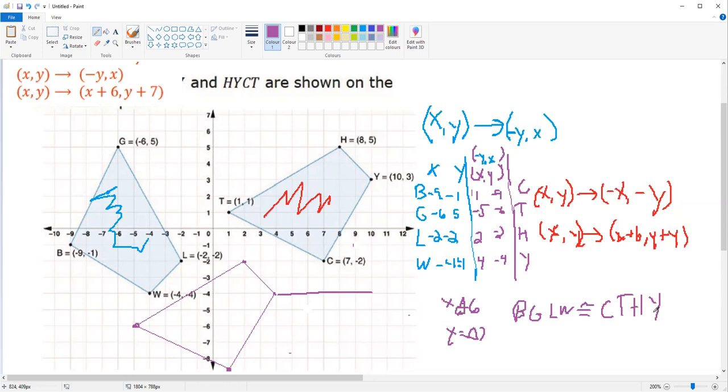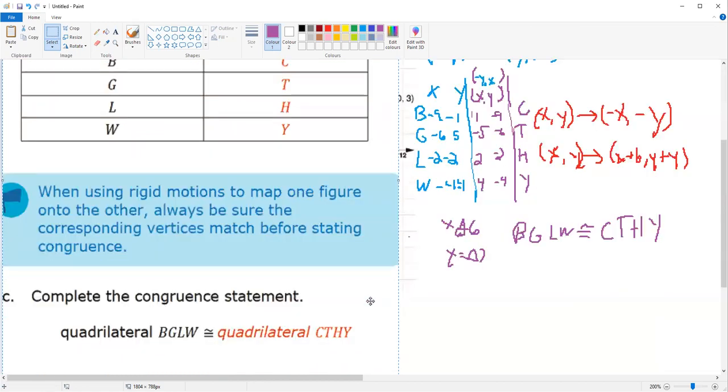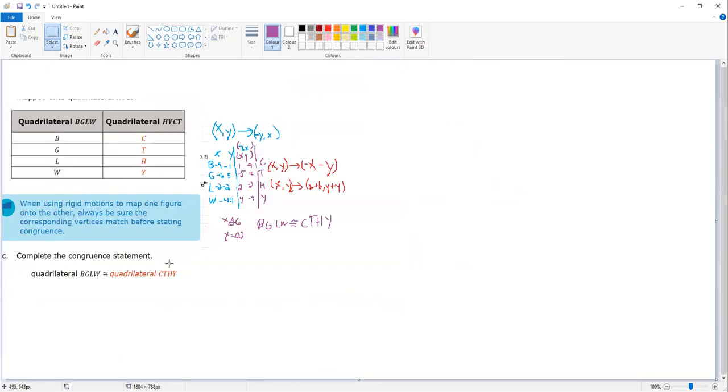Okay, and you're given a table like this with a statement. When you're at the table, you'd fill in this here before you state your completed congruent statement.